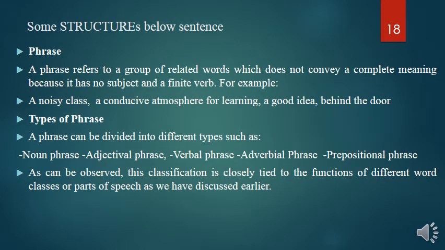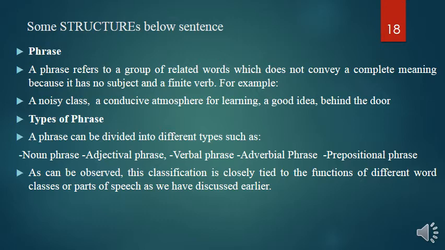A phrase refers to a group of related words which does not convey a complete meaning because it has no subject and finite verb. That is, a phrase is a combination of related words but without a complete meaning. That is, it's just a part of a sentence.